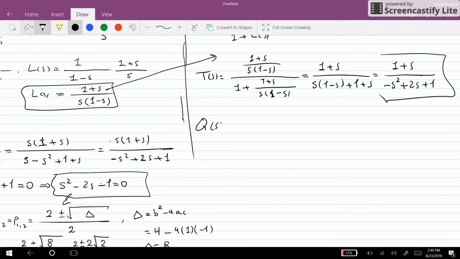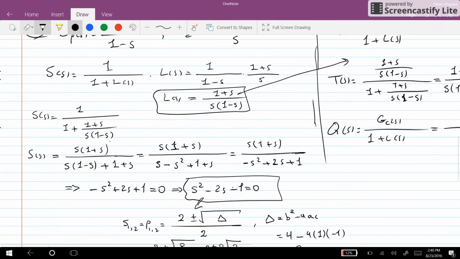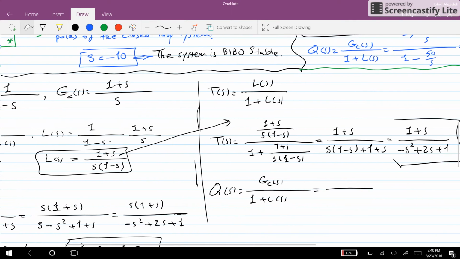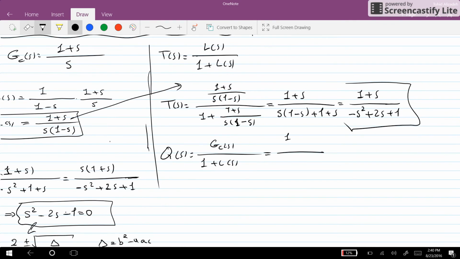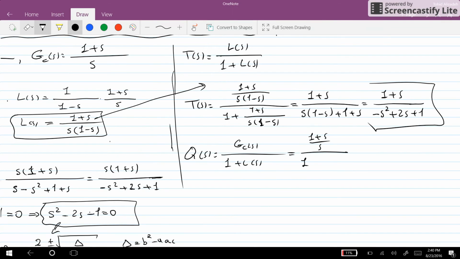We can also go forward and find the Q, which is GC over 1 plus L. So here GC is equal to 1 plus S over S. We have 1 plus S over S, and as the denominator we have 1 plus L, which is 1 plus (1 plus S) over S times (1 minus S).